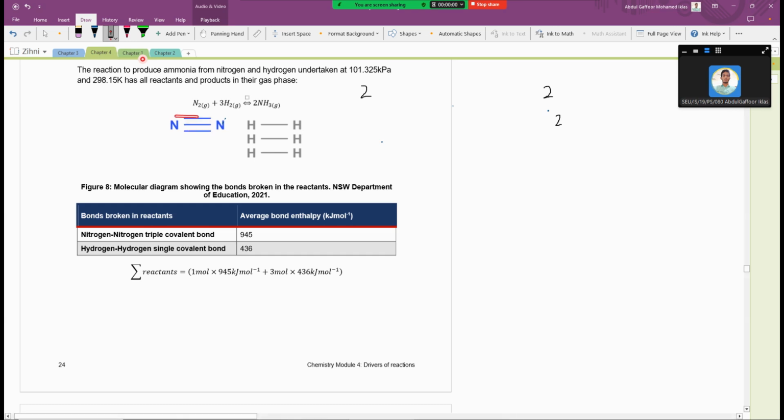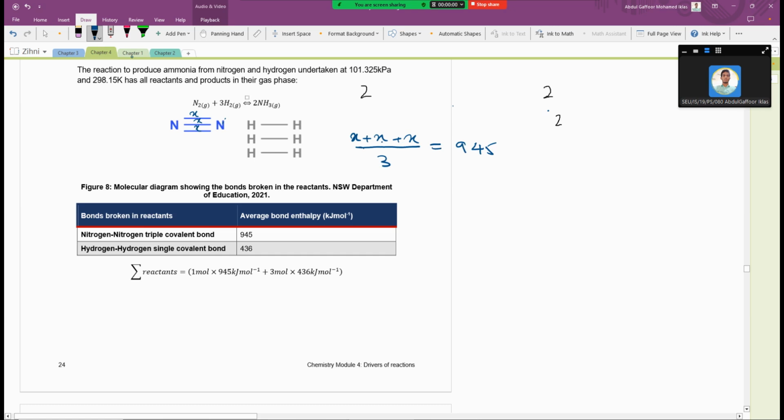For breaking each bond we require some amount of energy. Let's say we need X amount of energy for this bond, for this one, and for this one. Now X plus X plus X will give you the total energy, and divided by 3 is the 945.